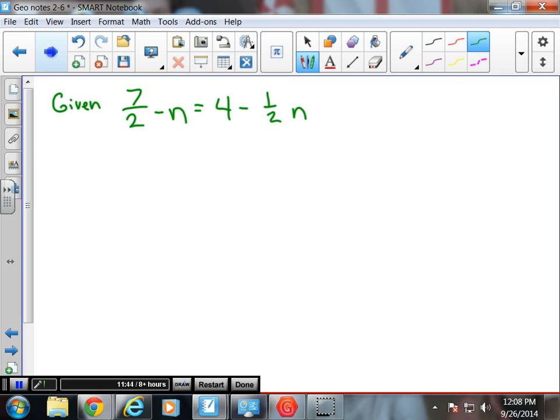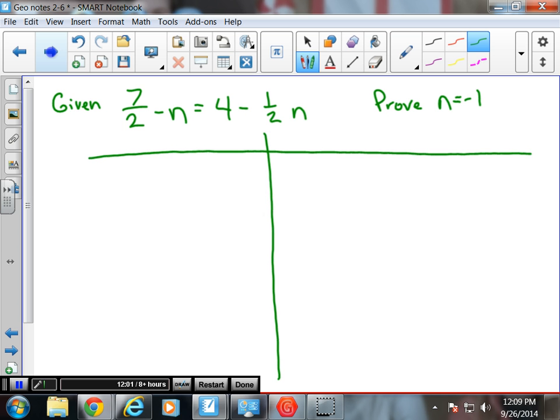They want us to prove that n equals -1. So we are going to make, once again, a two-column proof. We have our statements always on the left and our reasons always on the right. So our first one, 7/2 minus n equals 4 minus 1/2 n. That is always a given.